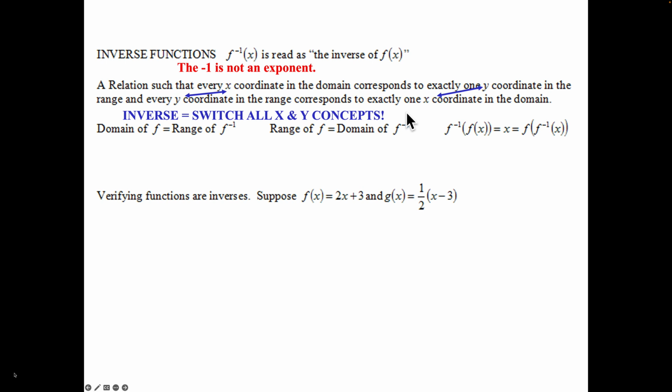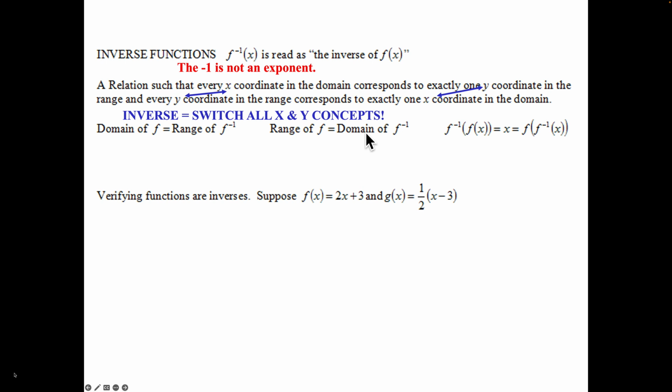I don't care if we're talking points, a graph, variable expressions or equations, we're going to switch x and y's. So the domain of f, the x's, will be the y's of the inverse function. The range of f, the y's of the original function, is the domain of the inverse function.